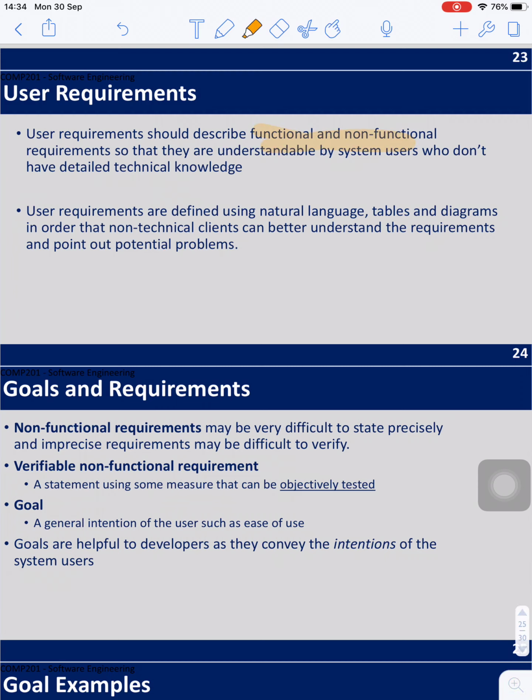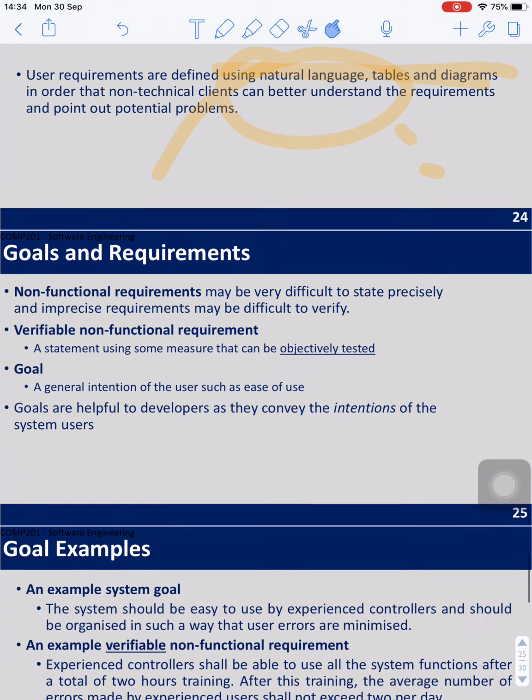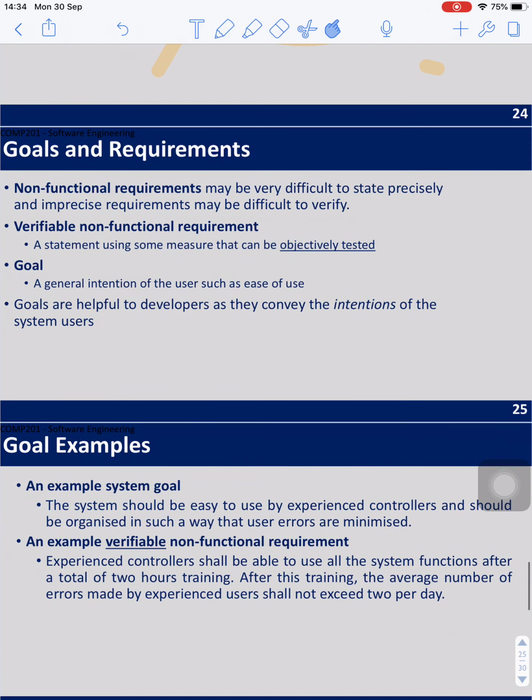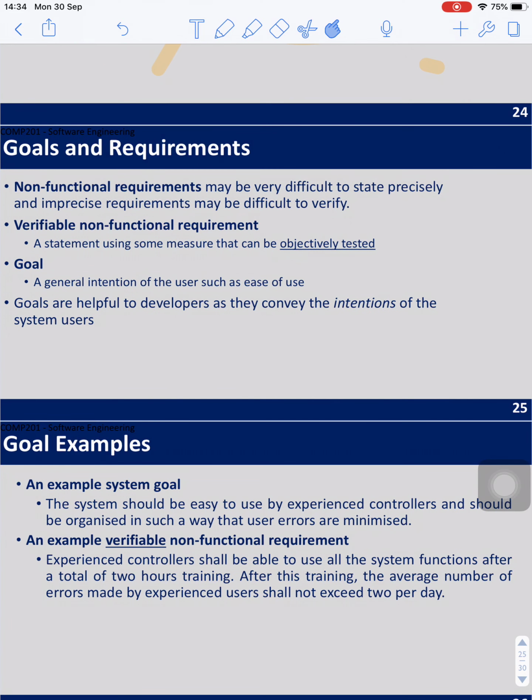So it should be functional and non-functional. User requirements use detailed user language, tables, and diagrams, so that non-technical clinicians can communicate with natural language. And the goals and the requirements: the non-functional requirement may be very difficult to state explicitly.